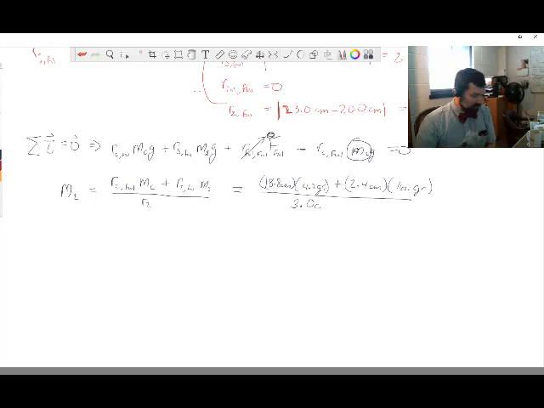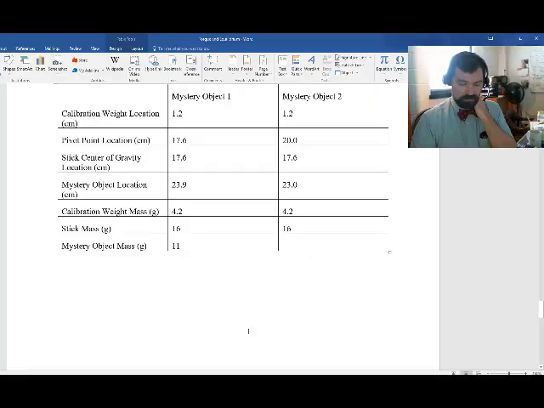What you get is 39.12 grams. So mystery mass 2 is about 39 grams. So now we can write in that mass into our table. We have the mass of both mystery objects, therefore we have all the masses.